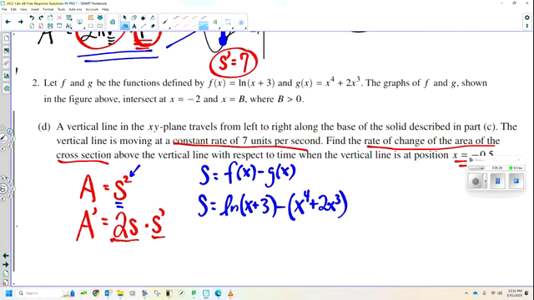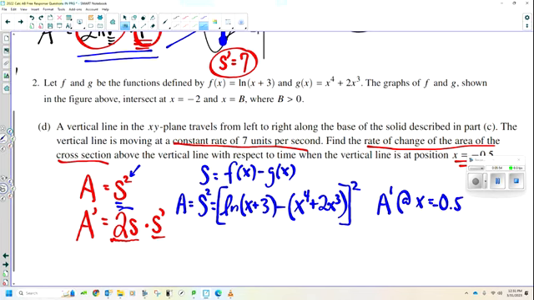So the area, I'm going to cross out this little s. Area is side squared, which means I need to square this whole thing. That is the function that represents the area of my square. That's what I want to take the derivative of, at my x value of negative 0.5.